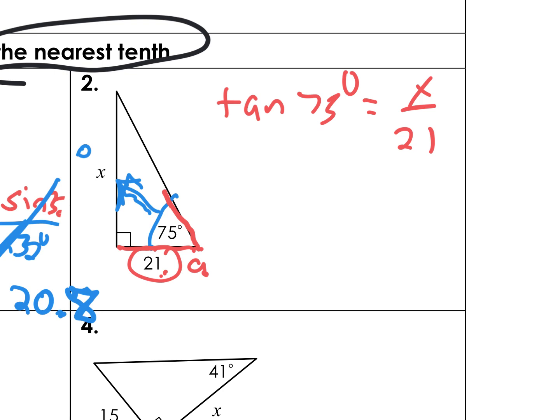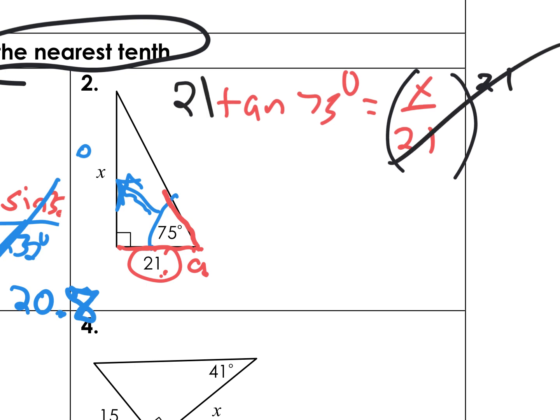So now I have to get the x by itself. So what has to move? 21. How? By dividing. It already is dividing, so I multiply. So x is 21 times the tangent of 75 degrees.